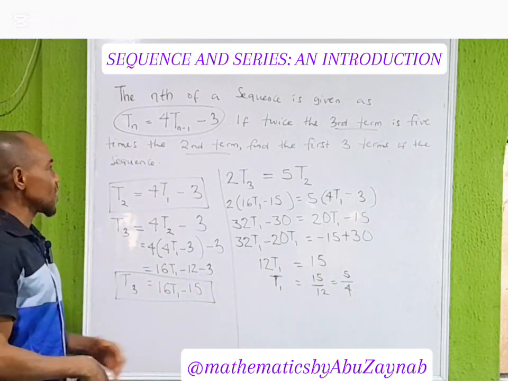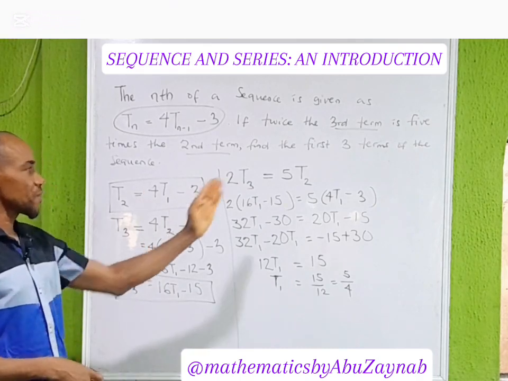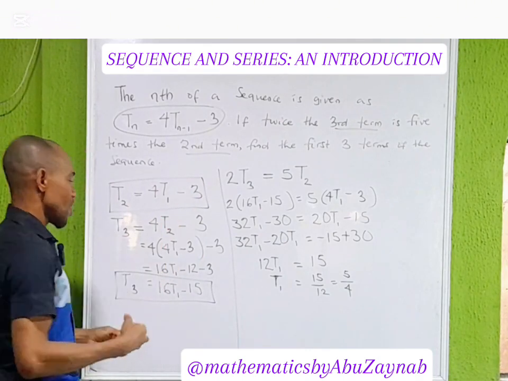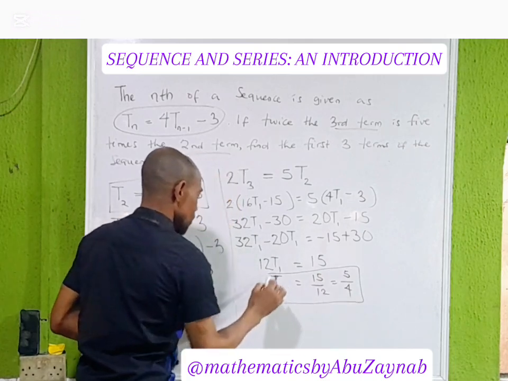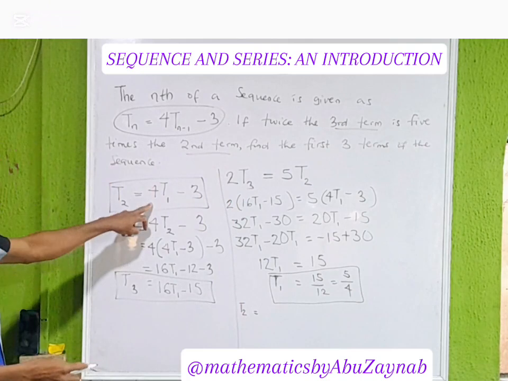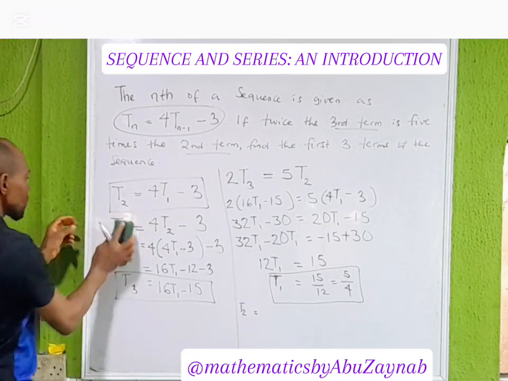Remember, as you're asked to get the first 3 terms, that means T1, T2, and T3. So we've gotten T1, that's the first. To get our T2, remember, T2 is given here as what? 4 T1 minus 3.